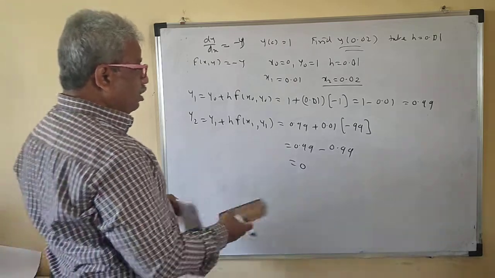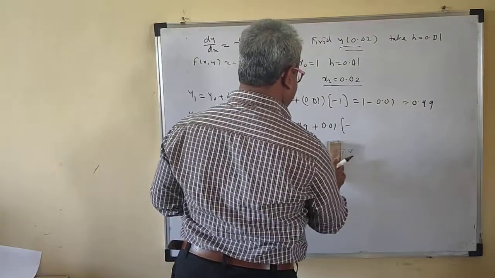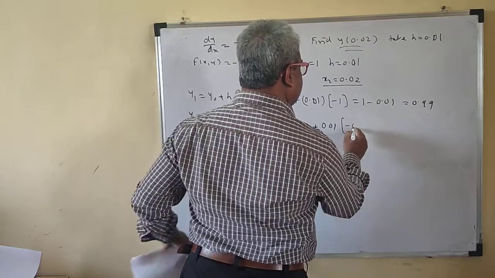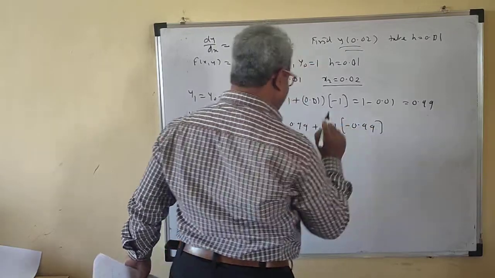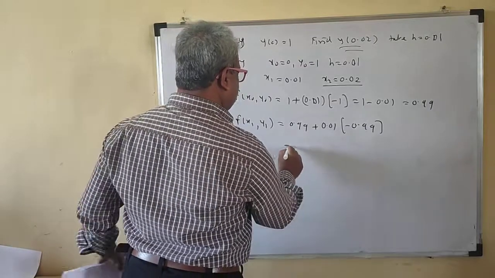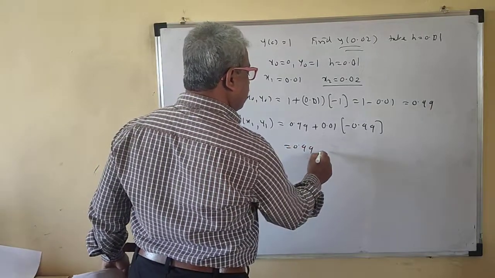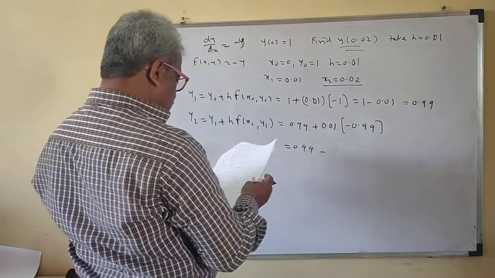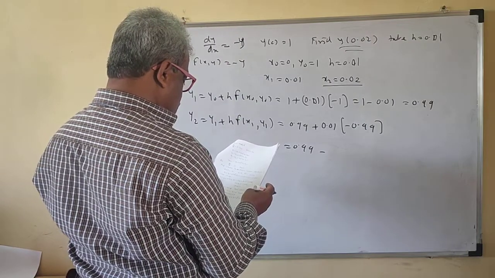We have to take care now. This is 0.99 minus 0.01 times 0.99.